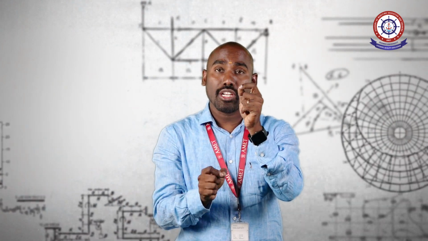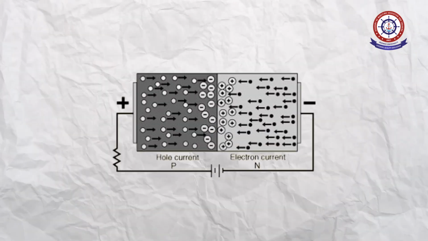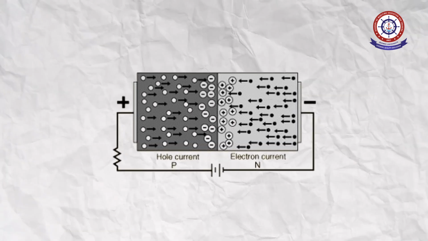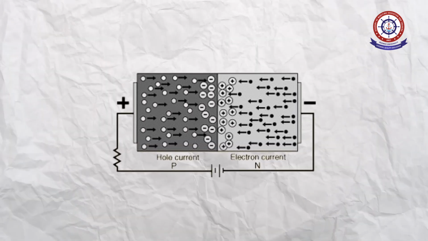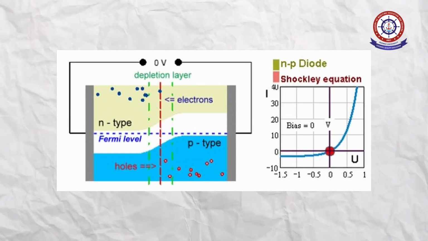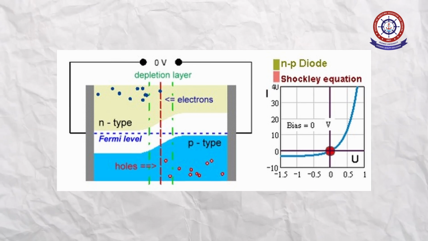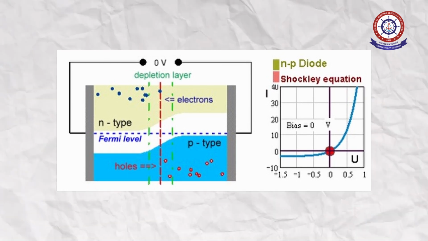So near the junction, we have a mix of polarity. We have positive material and negative electrons over there, so they cancel each other. So near the junction, we have a small region which doesn't have any movement of particles. We don't have holes, we don't have electrons because they cancel each other.